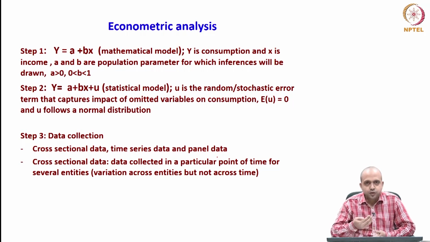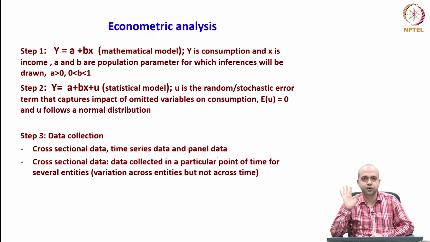So, that means there is variation in your observations across individuals, but there is no variation across time, because this data is collected only at a particular point of time, okay.